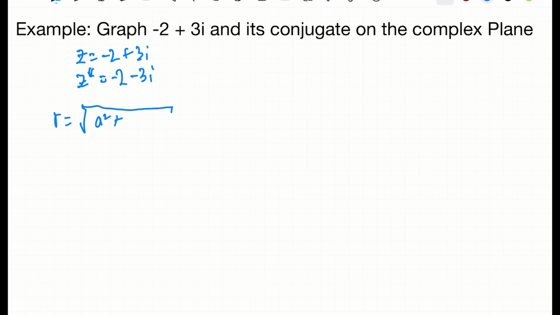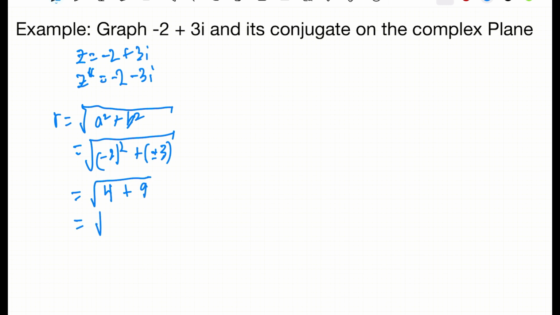In this case it's the square root of minus 2 squared plus 3 squared, or minus 3 squared, which is still 9. So minus 2 squared is 4, plus 9, so our result is the square root of 13.